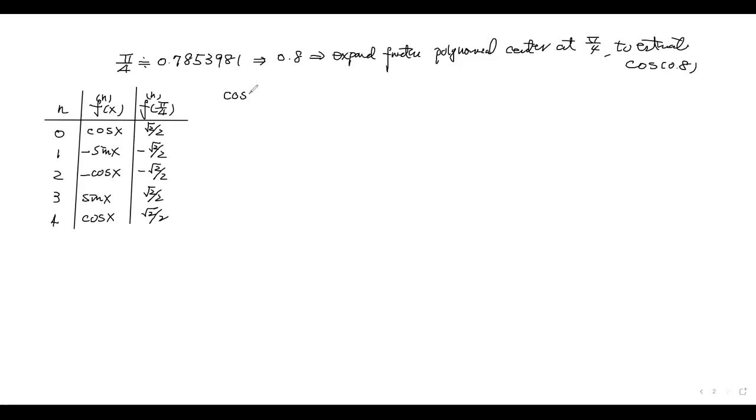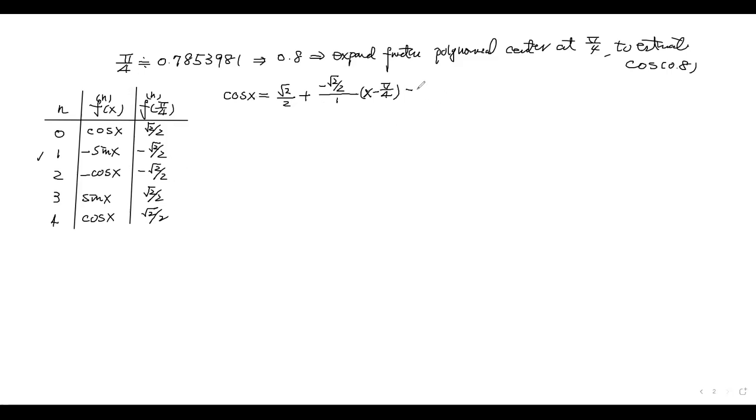The cosine x will be square root of 2 over 2, plus the first derivative term, negative square root of 2 over 2 divided by 1, times x minus pi over 4, because you want to center at pi over 4.